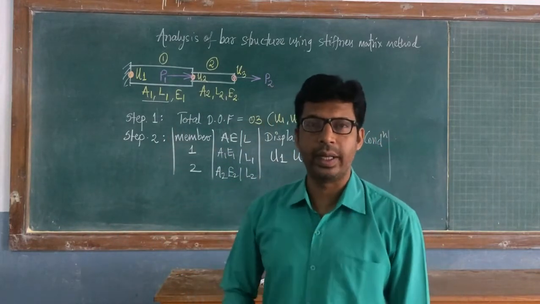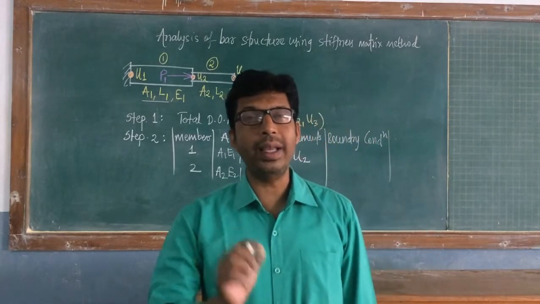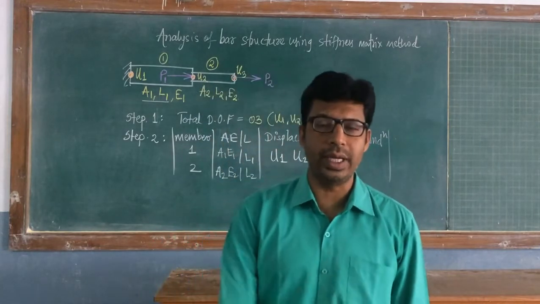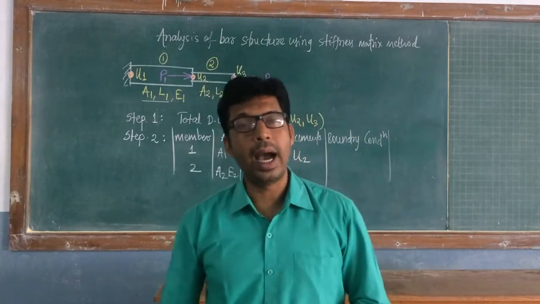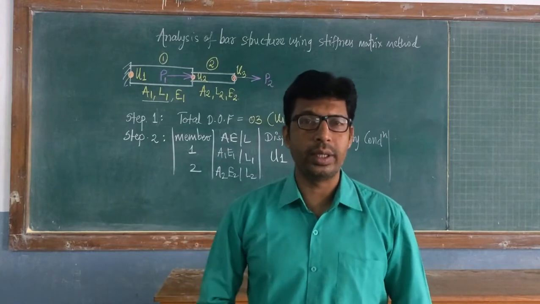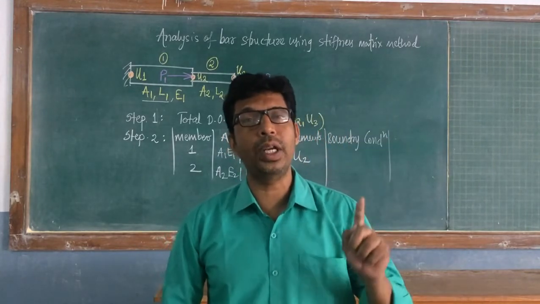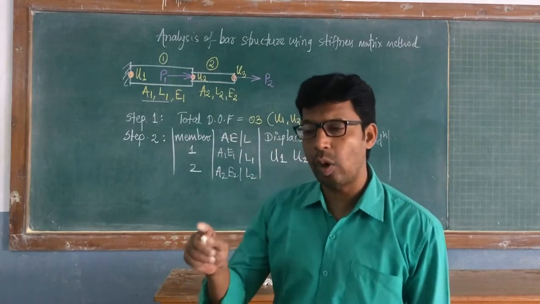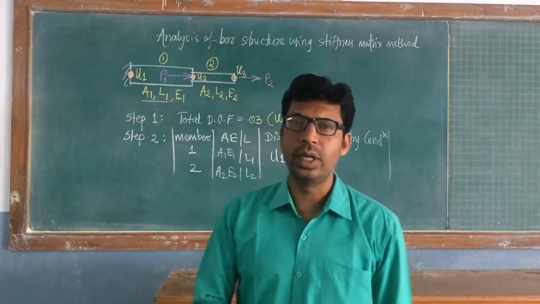Always write down left displacement first and then right displacement. Because if you refer to our previous video where we determined the stiffness matrix of the bar element, in that we considered U1 on the left joint and U2 on the right joint. So always the first column of the stiffness matrix corresponds to the left joint and the second column to the right joint.